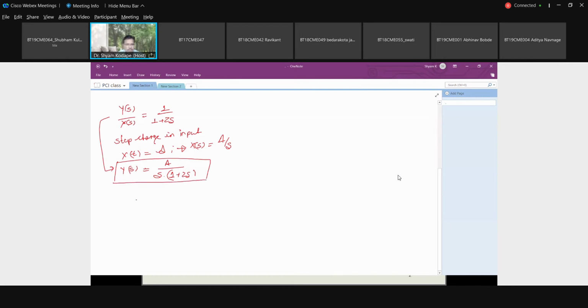Now my aim is to convert it into y(t). So I use partial fractions and take the inverse Laplace transform. I got y(t) equal to A times 1 minus e raised to the power minus t by tau.